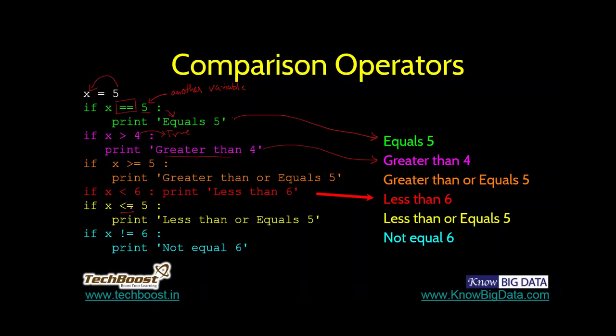In our case, it is not less than, but since it is a combination of two separate entities, if either one of them is satisfied, our condition evaluates to true. In this case, x is 5, so the latter part, which is equal to 5, is satisfied, and hence we get this output. x is not equal to 6. Yes, x is 5, and 5 in fact is not equal to 6, and hence the following block executes.